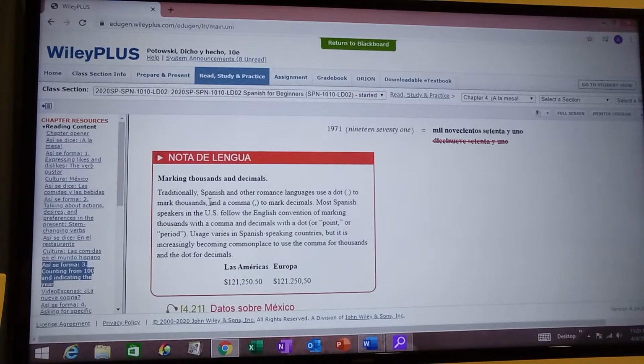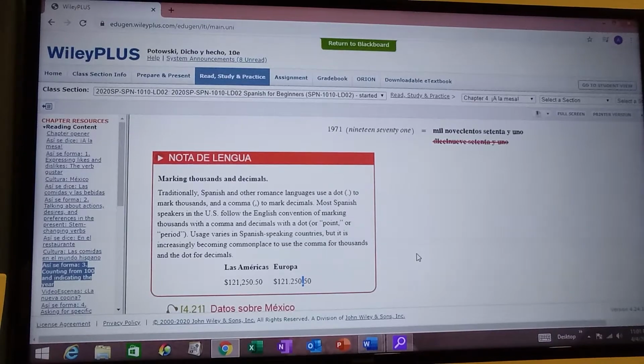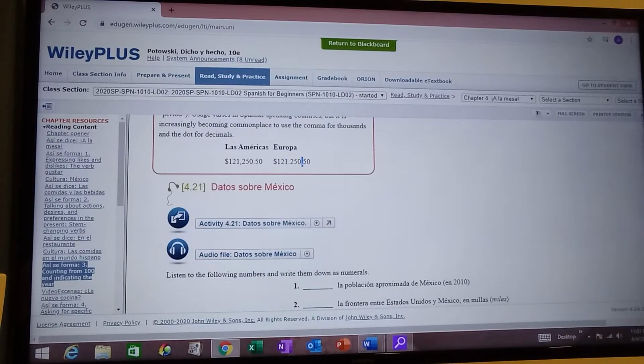Usage varies in Spanish-speaking countries, but it is increasingly becoming commonplace to use the comma for thousands instead of for decimals. In Las Américas, you have the thousands indicated with a comma, and in Europa, you have the comma indicating the decimals. We are going to do these activities.